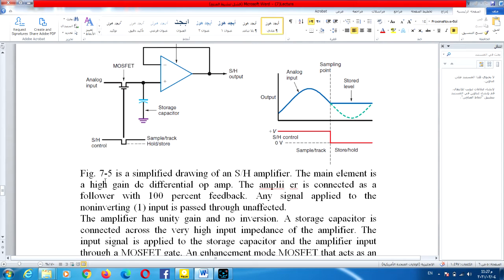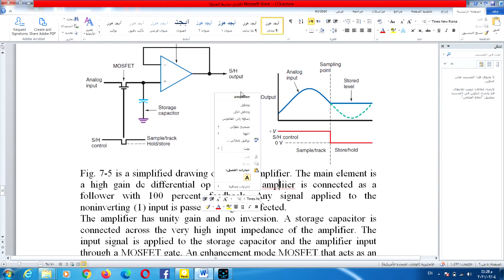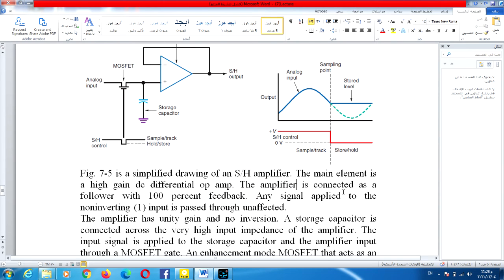Now let's look at the figure, which shows a simplified drawing of an SH amplifier. The main element of this SH amplifier is a high gain DC differential op amp. The amplifier is connected as a follower with 100% feedback.